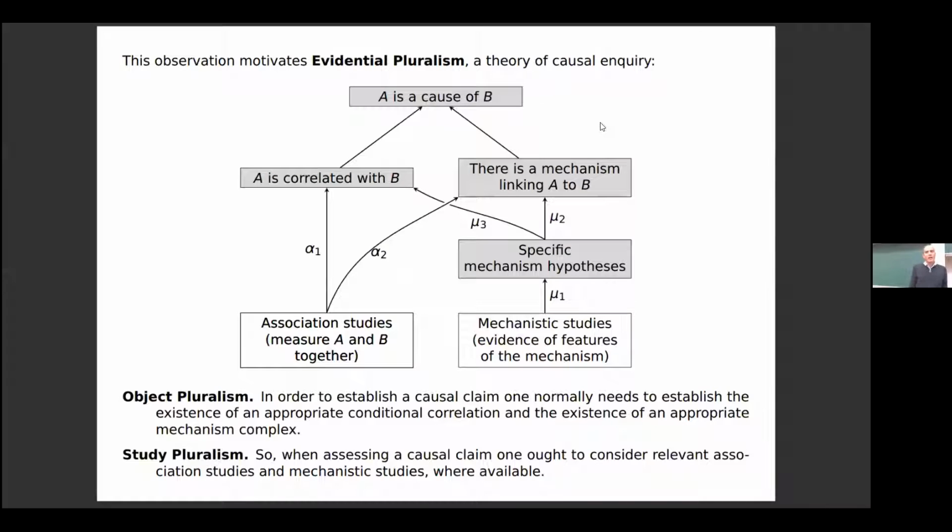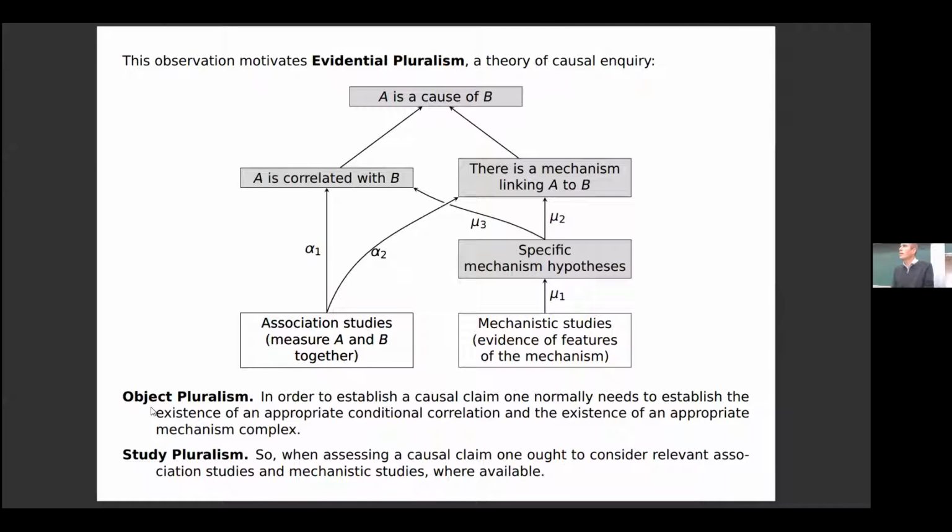This picture encapsulates evidential pluralism quite well, I think. At the top is the proposition we're interested in: A is a cause of B. In order to establish causation, we need to establish correlation and mechanism. This is called object pluralism, I think, by Phyllis Illari.